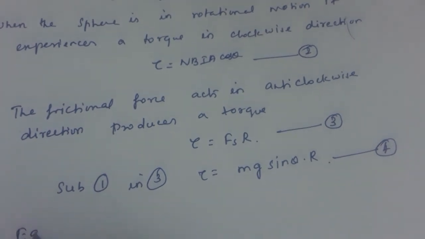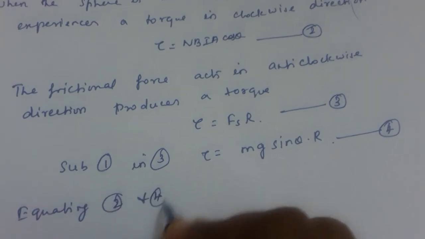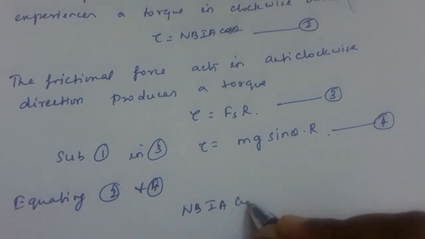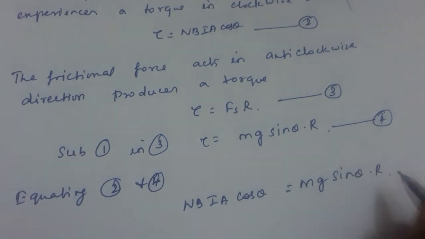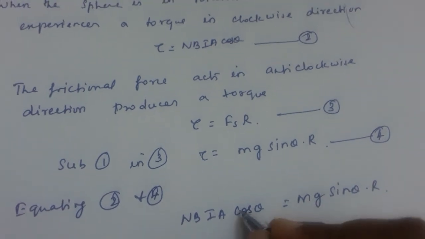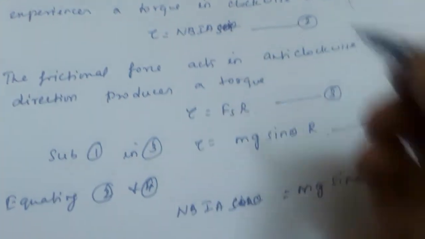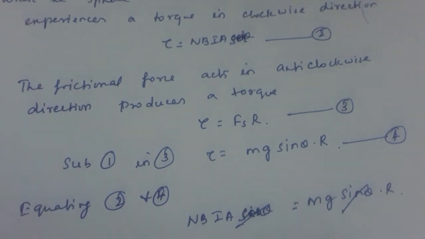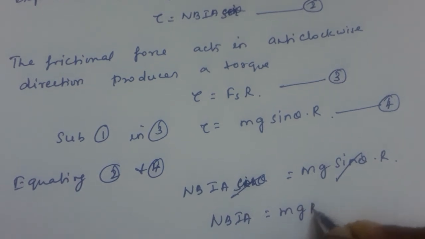Now equating 2 and 4, what I'll get is NBIA cos theta is equal to mg sin theta into r. Sorry, this is NBIA sin theta, not cos theta. So sin theta and sin theta will get cancelled. So NBIA is equal to mgr.